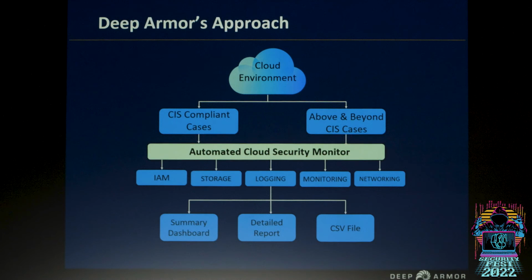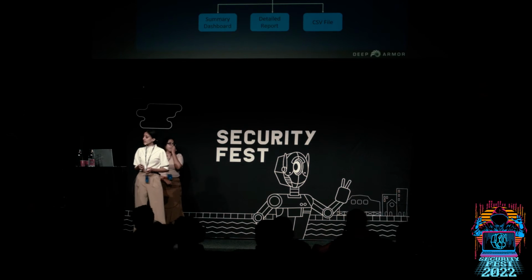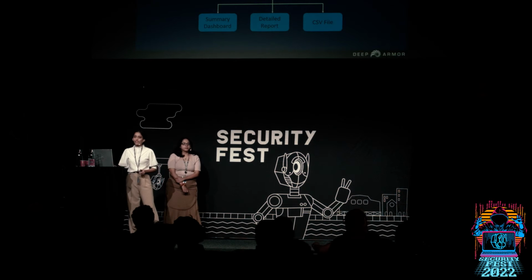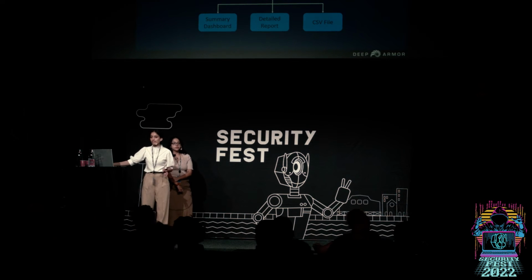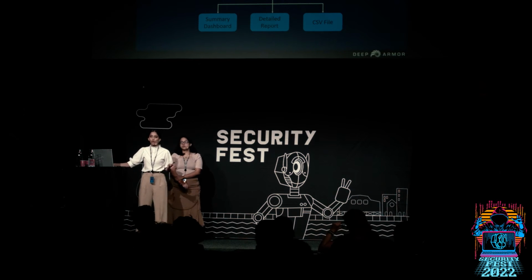What we have done is compile cases that are CIS recommended and the cases that go above and beyond CIS, to create our monitoring tool that majorly looks into five sections: IAM, logging, monitoring, storage, and networking. It produces three major solutions: a summary dashboard, a detailed report, and a CSV file. The summary dashboard looks into the statistical details and overall security posture of your cloud.